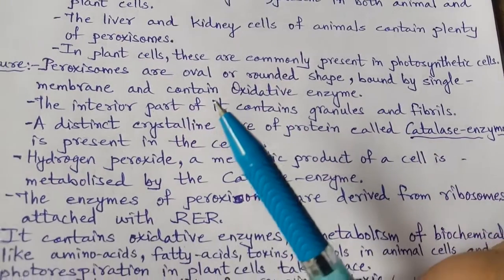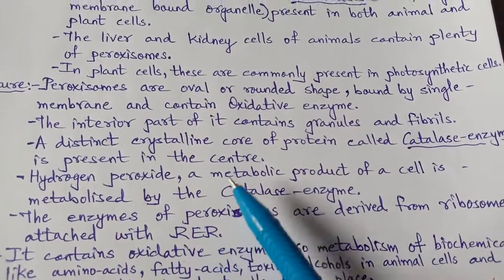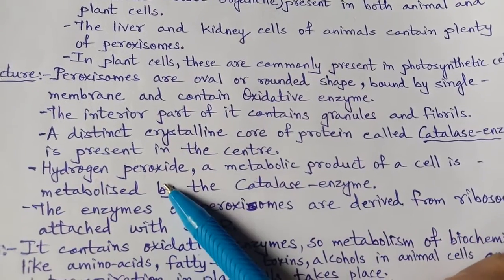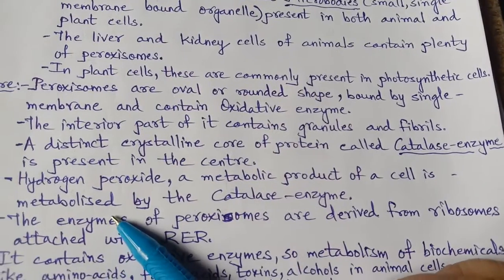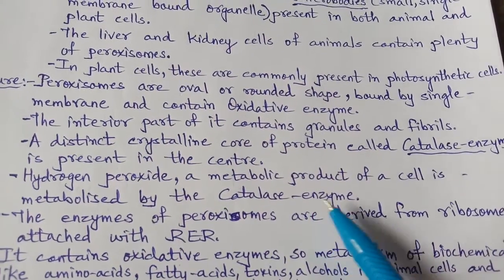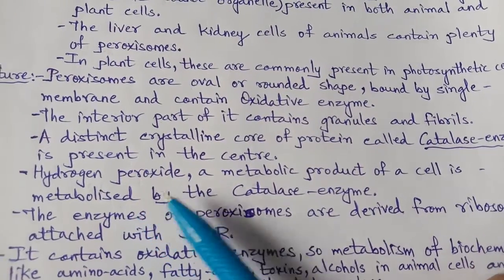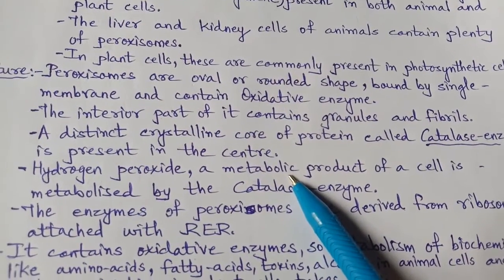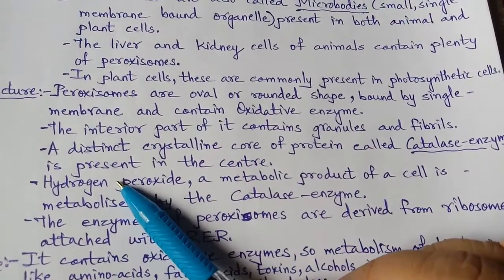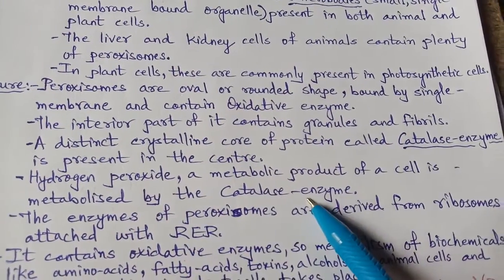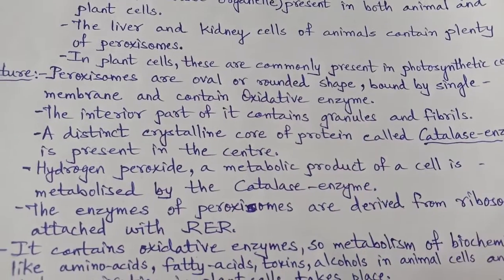These catalase enzymes are responsible for the metabolic activities where hydrogen peroxide, a metabolic product of a cell, is metabolized by the catalase enzyme. So hydrogen peroxide is metabolized by the catalase enzyme, which is rich in protein.